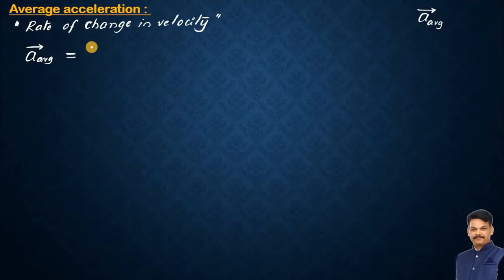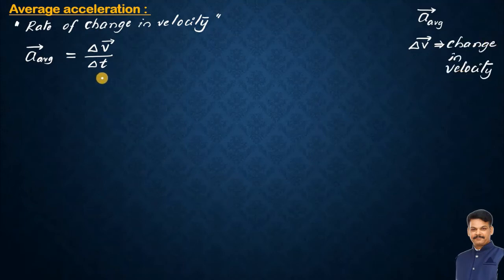It means change in velocity divided by change in time. So it can be written as delta v divided by delta t, where delta v is a vector quantity, the change in velocity, and delta t is the change in time.